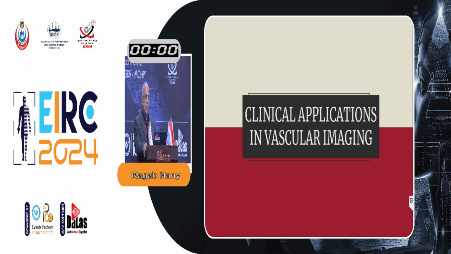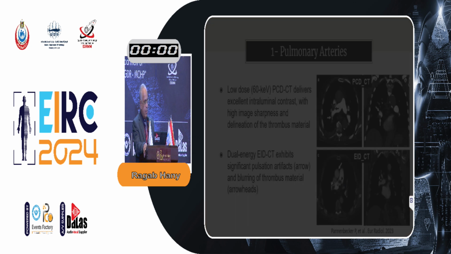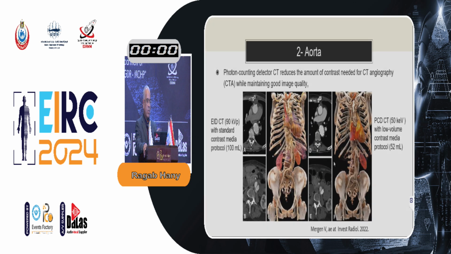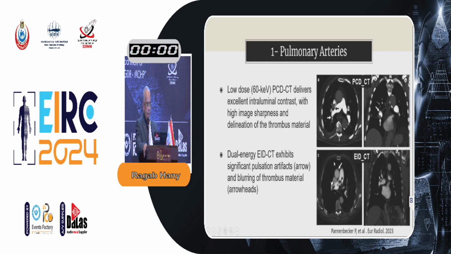Regarding vascular imaging, there are also many applications of photon counting CT scan. In the pulmonary arteries, here you can see how we can delineate the size and the shape of the embolus, and also we don't have the pulsation artifacts that are produced during conventional CT scan.